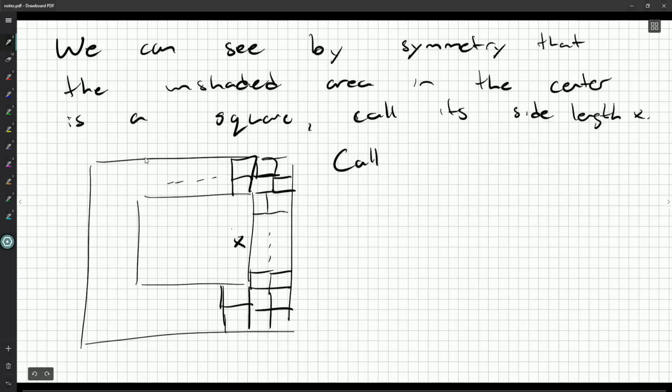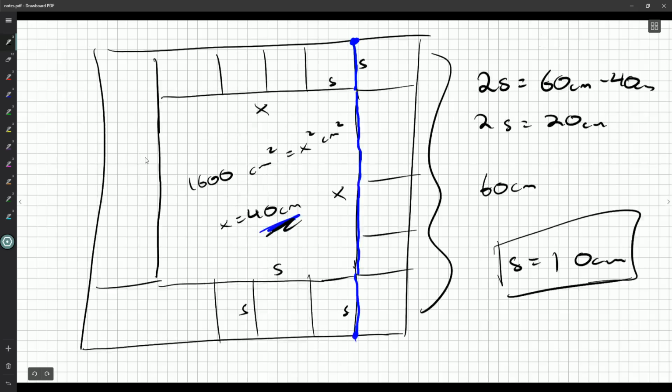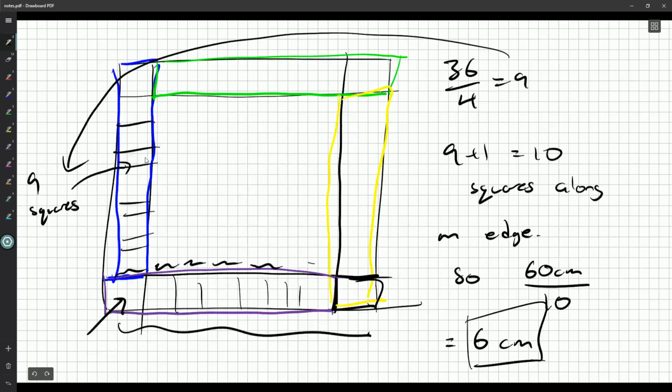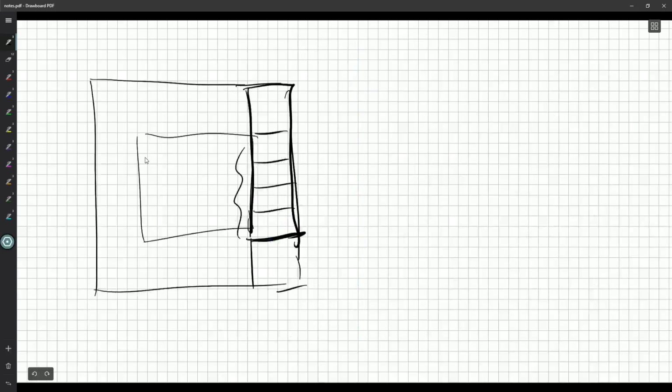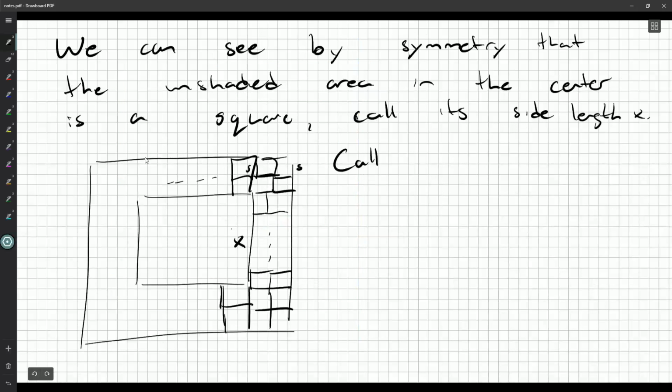But I'm going to proceed as normal, because if I know the side length of all these identical squares, I can figure out how many of them are on a side. And then we could use the same sort of grouping thing I did in the first question to count how many squares there are. So, yeah, okay, it seems to work. At least I've got a plan of attack.